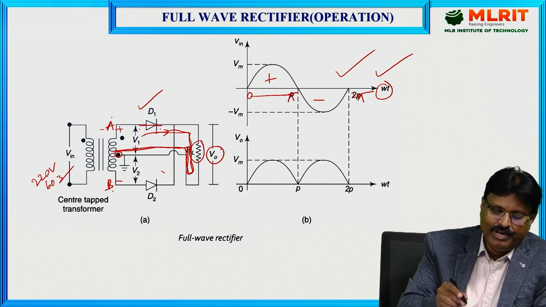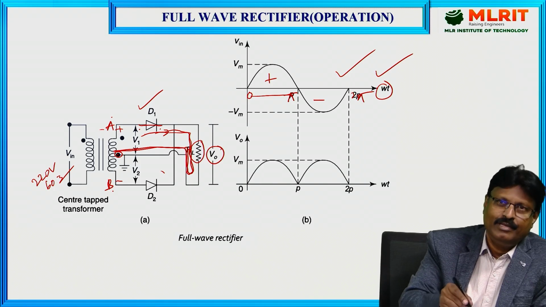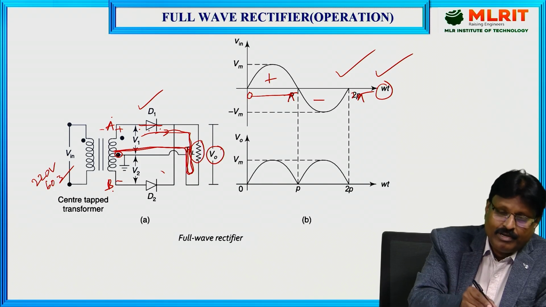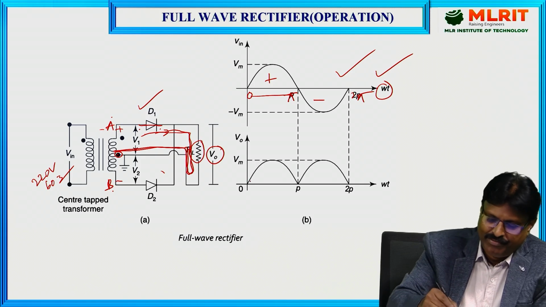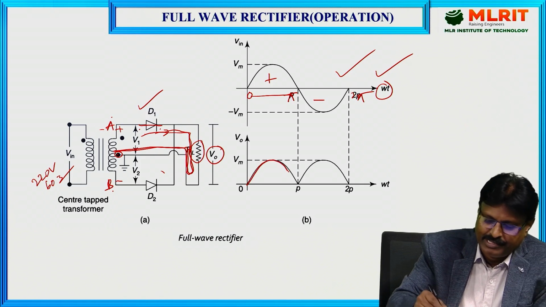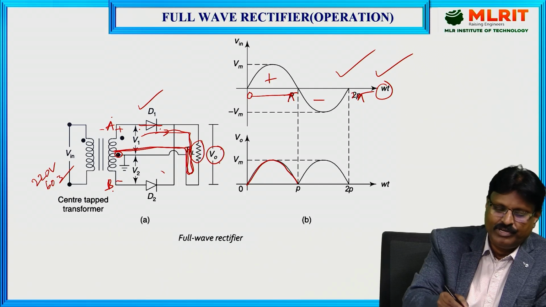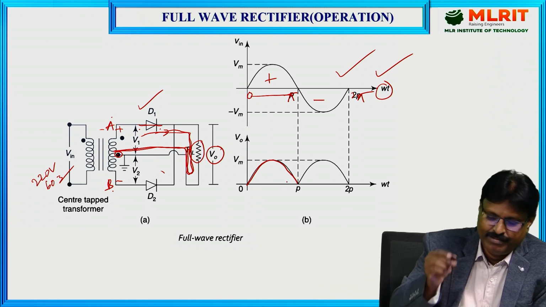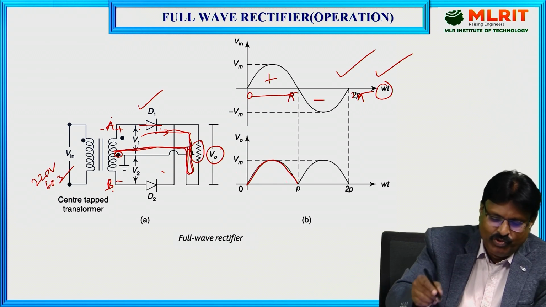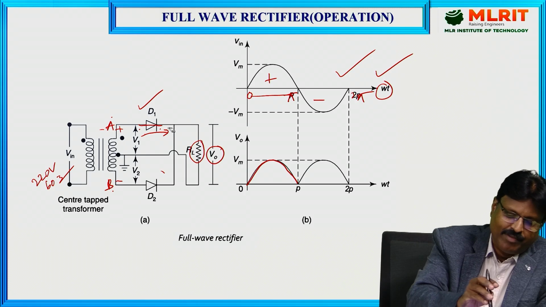So a voltage will be developed across RL due to the conduction of diode D1 during the positive half cycle. And that's why V0 can be represented like this. V0 is equal to the current into RL. You will be getting V0, once again a sinusoidal signal, right?